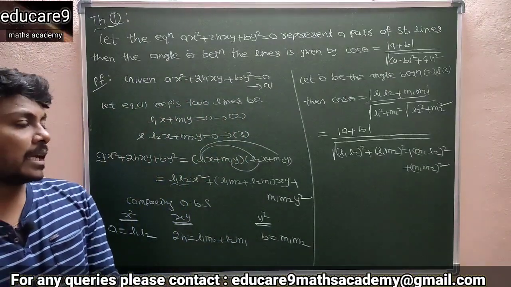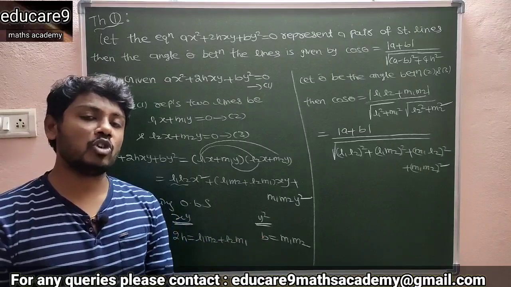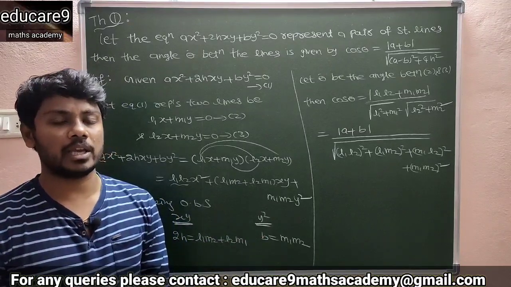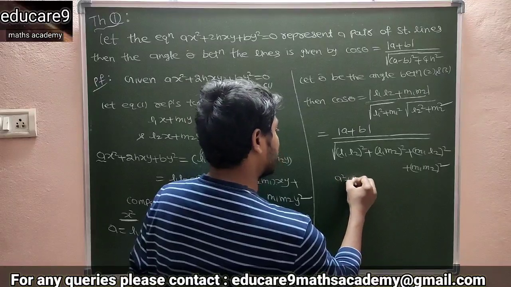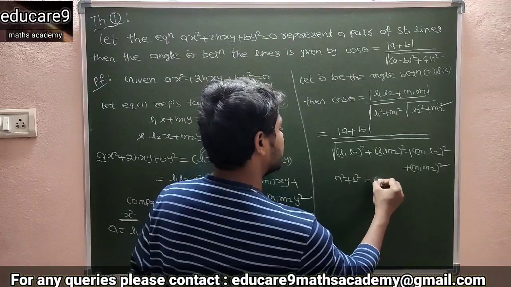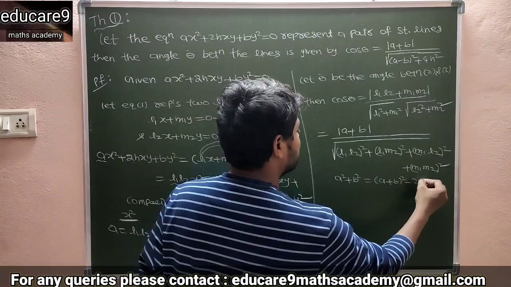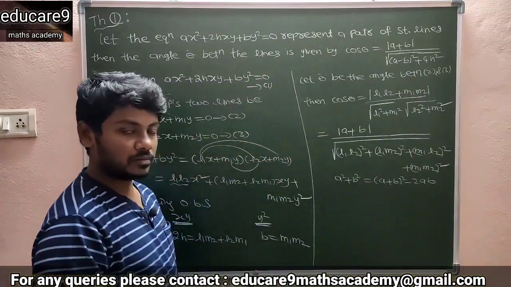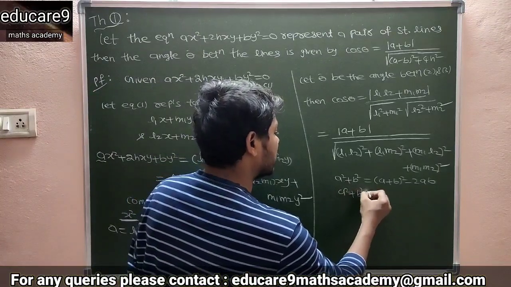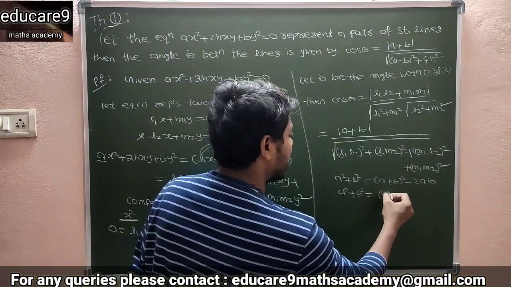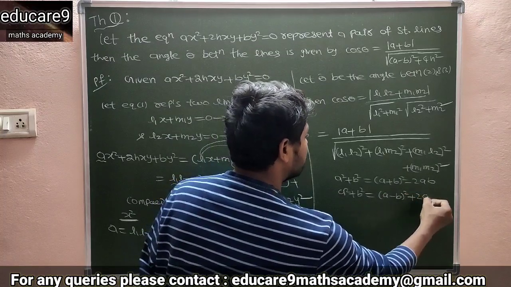So you know that A square plus B square can be written as (A plus B) whole square minus 2AB. Okay. Next one, A square plus B square can also be written as (A minus B) whole square plus 2AB.